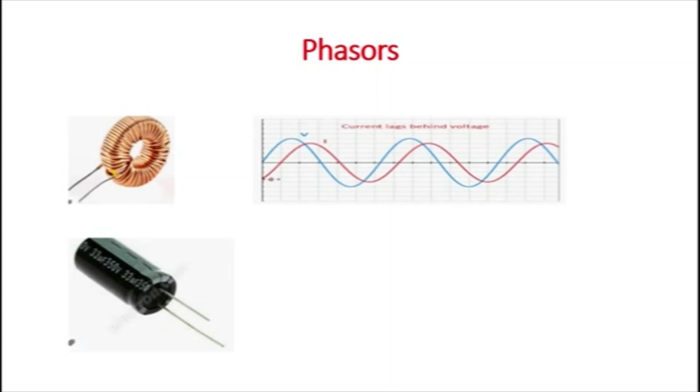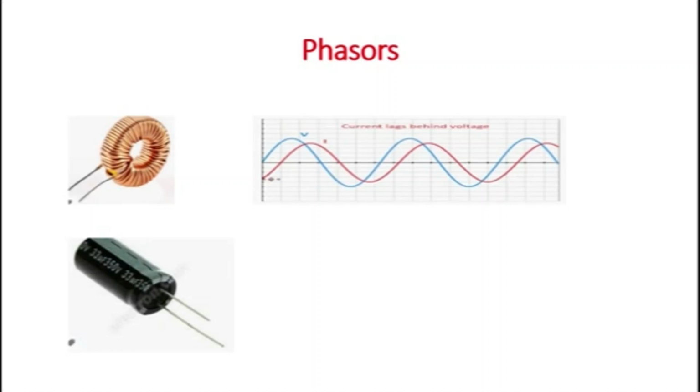For an inductor, due to magnetic reluctance, when you apply a voltage you see that the voltage goes ahead and leaves the current behind, because there was no force applied to it.